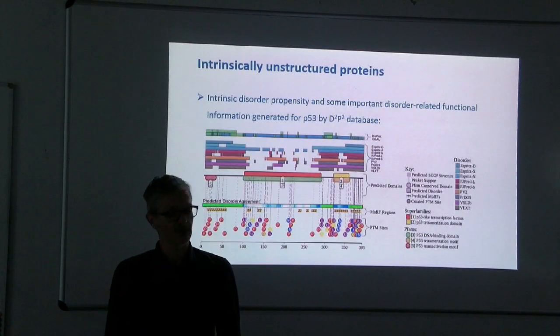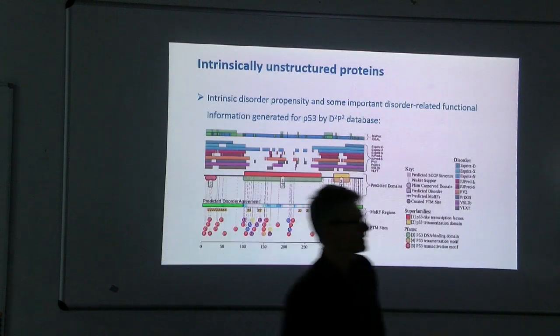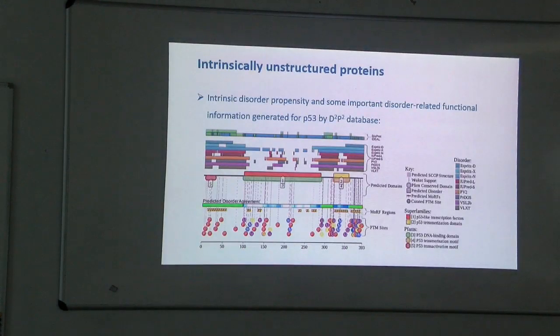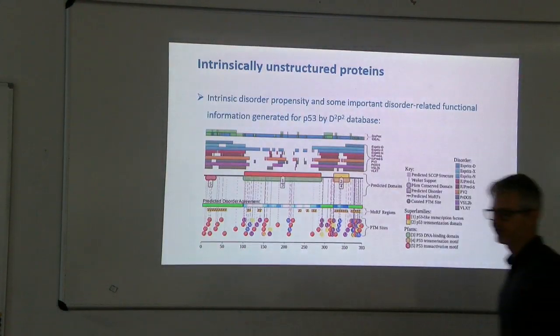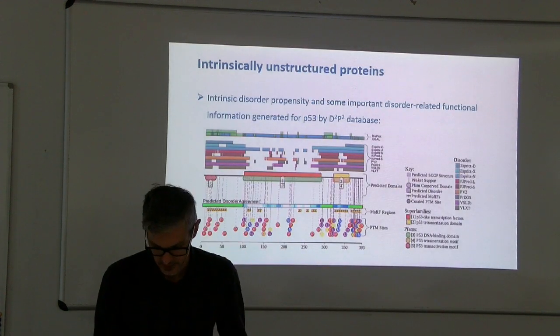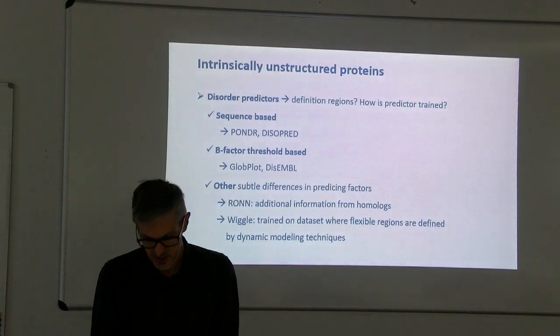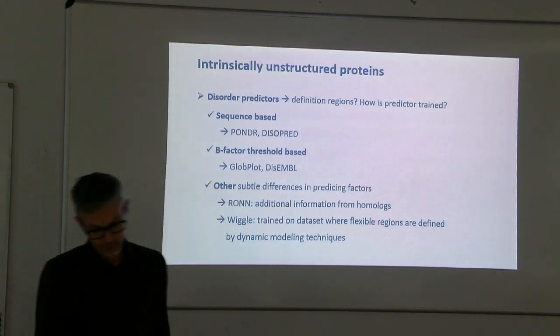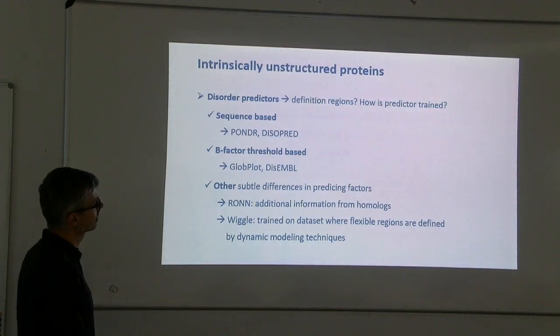Now, how can you find out that a protein is unstructured or partially unstructured or has unstructured regions? There are again some tools that you can use to do this, depending on the algorithm.